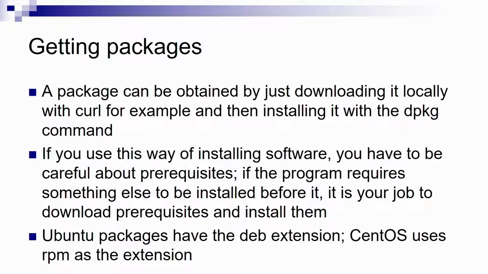But the reason why you will not use this method too often is because you have to be careful to also get all the prerequisites for a specific program, because dpkg does not know if a program has prerequisites or not. So you yourself have to do the research, download all the prerequisites that the program has, install everything, and then install the program, which is not very fun.